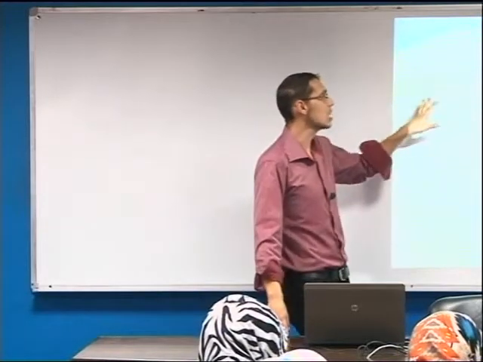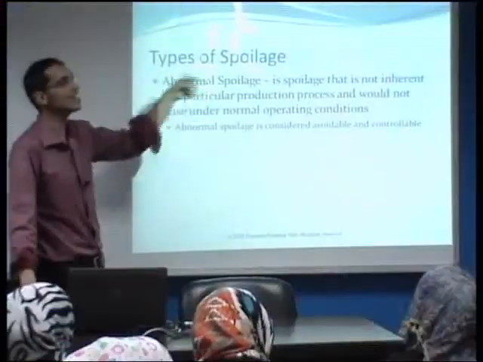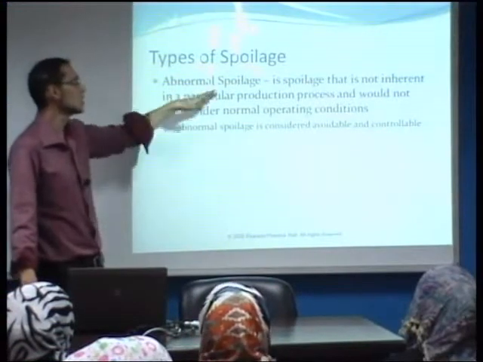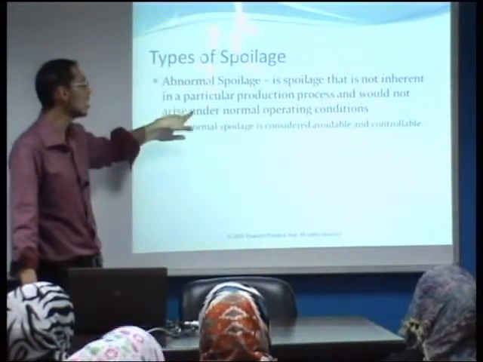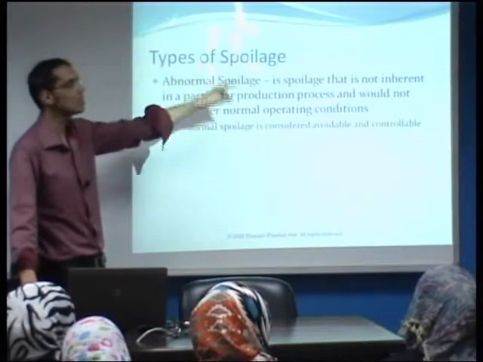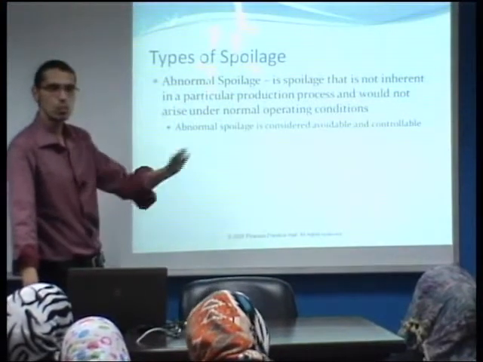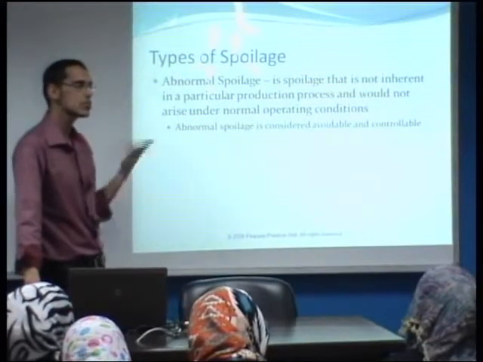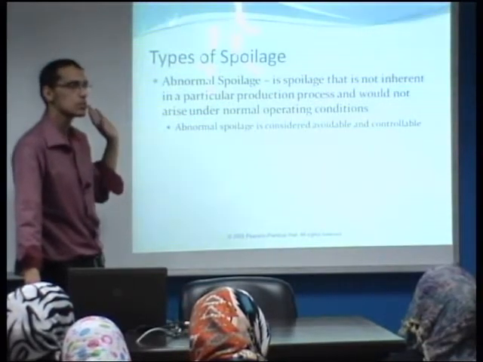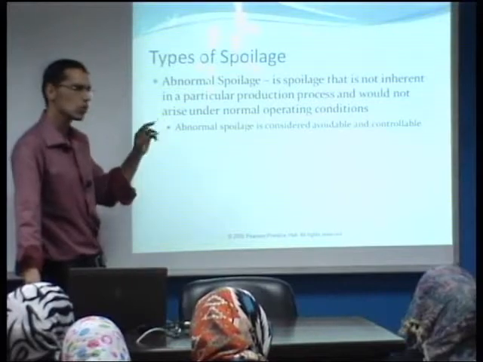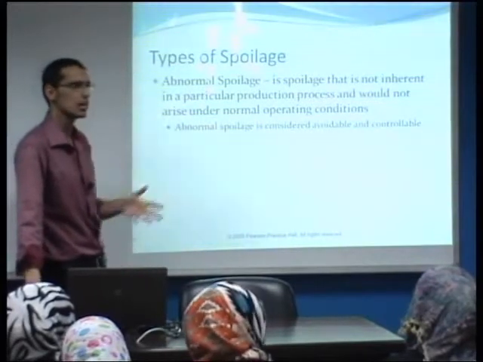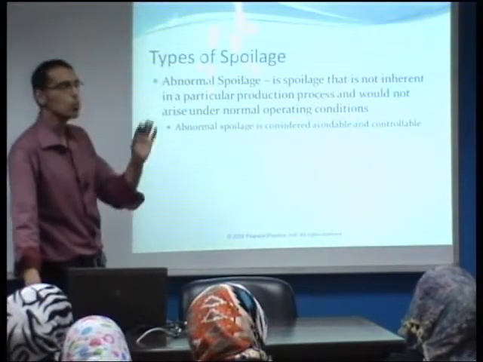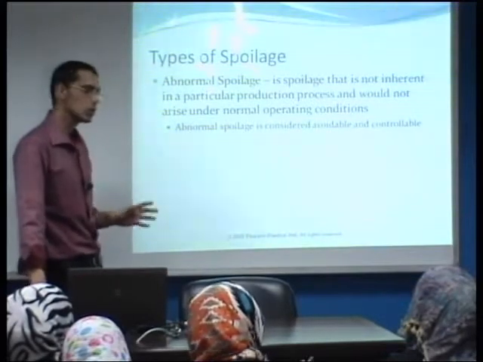Therefore, as we can see here, the abnormal spoilage is spoilage that is not inherent in a particular production process and would not arise under normal operating conditions. If we have an efficient production process, we would not have any abnormal spoilage. But because of errors, because of some of the problems that we might face in the production process, we might have abnormal spoilage.